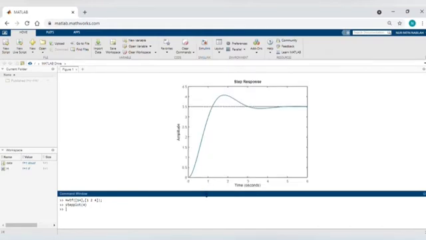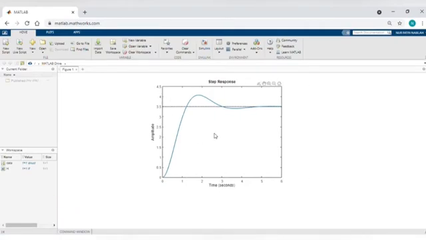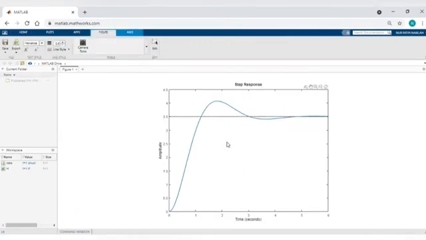Okay, here is our graph. From this graph, we can get the value of peak response, which is the value for the peak time, which is 1.8, and we can get the overshoot percentage, which is 16.3.